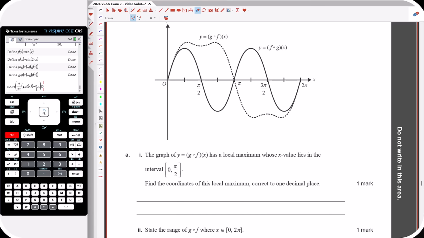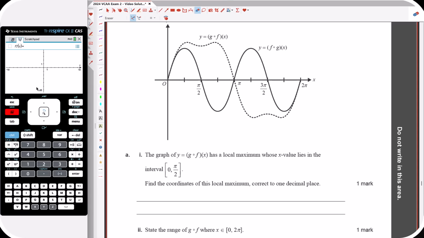We could do that over the interval. Okay, so it doesn't like that. It gives us a general solution.